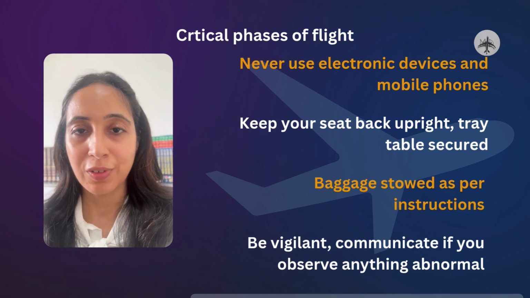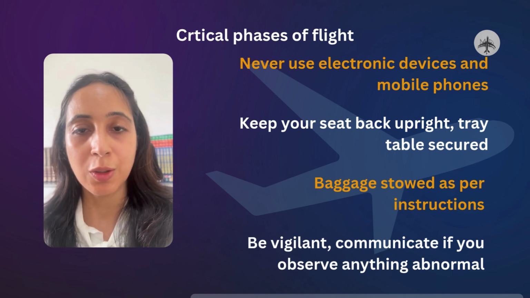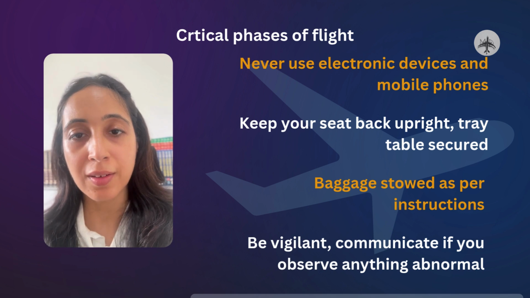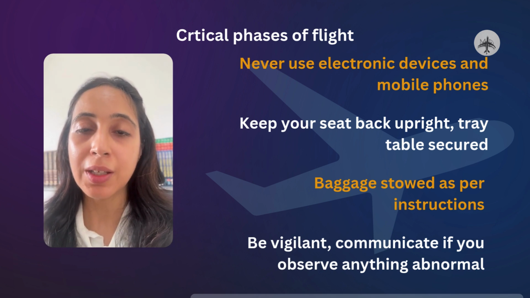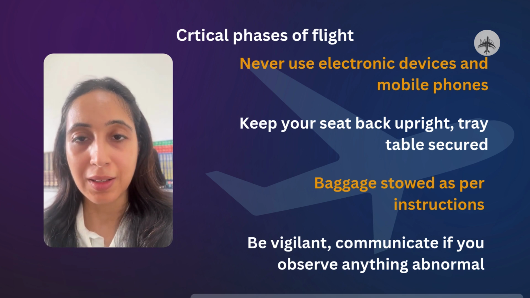During all phases of flight, it's important to stay vigilant. If you observe any unusual sound, vibration, smell, smoke, or you observe fire outside, you must immediately inform cabin crew. Ensure that you are not creating panic in cabin.